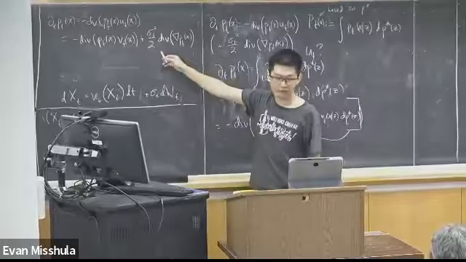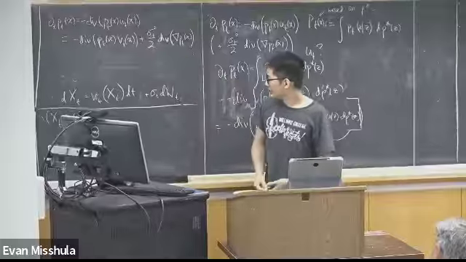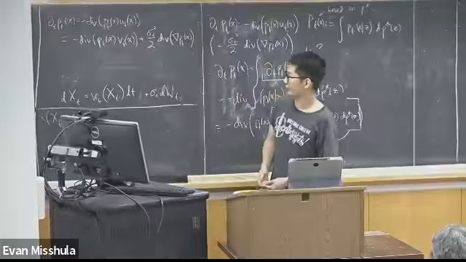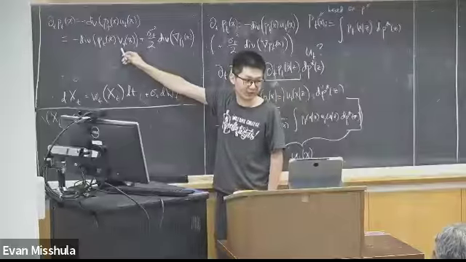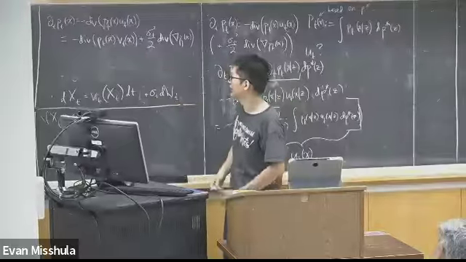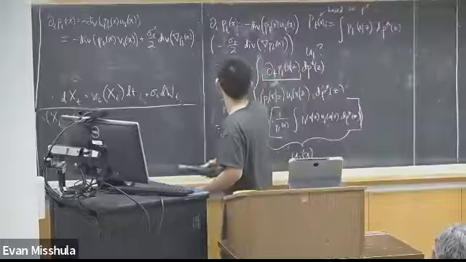That's the Fokker-Planck equation. And now what we do is just compare terms. We want to isolate V_t, so we might as well just move it outside.